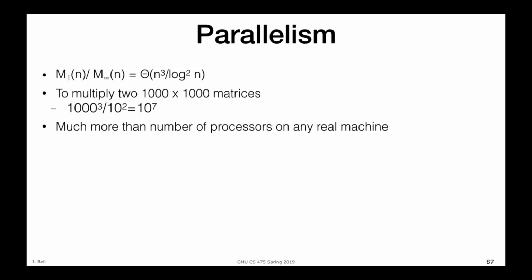Now here's something very interesting. Remember that parallelism was the ratio between the program's work and its critical path. It was roughly a measure of how many processors we could keep busy on this kind of problem. For matrix multiplication, the numerator was n cubed, and the denominator was log squared n, which is pretty large.